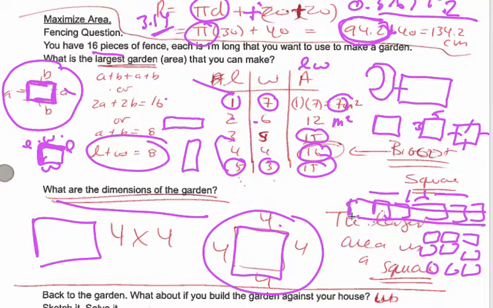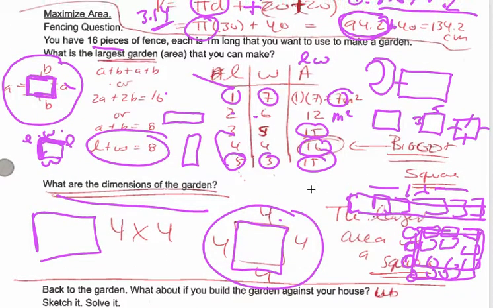That's 32, 33, 34. But a 4 by 4 block, you would have 4, 4, 4, 4. You have a perimeter of 16. Okay, so the most efficient shape for area, if it's a rectangle, is a square.